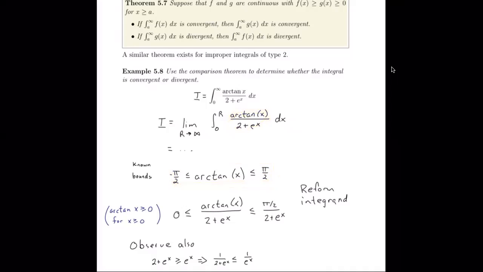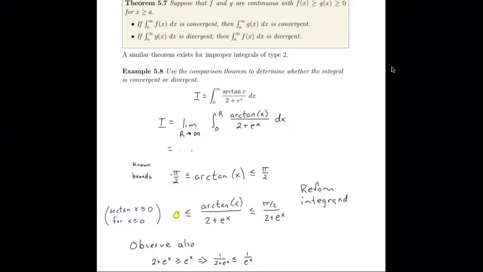And to do so, one thing to note first is that if we're going from 0 to r, arctangent of x is greater than or equal to 0 for all x values that are greater than or equal to 0. So arctangent of 0 equals 0. And then if we put anything positive, it's always going to be positive. So we can immediately increase this bound on the left by a little bit because we're not going to plug in anything less than 0.